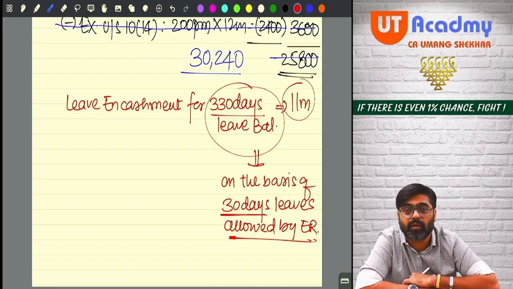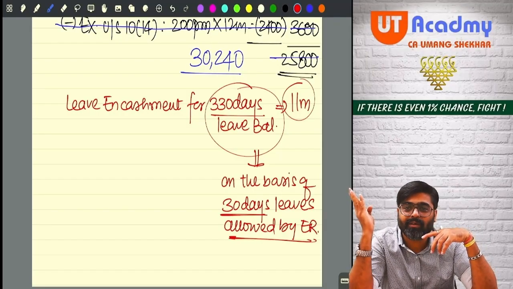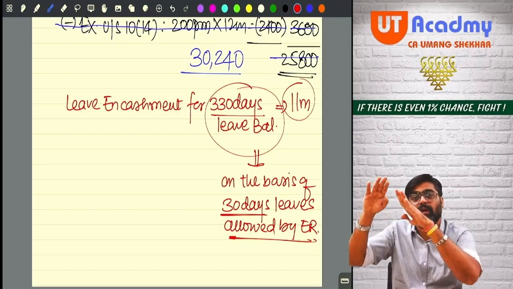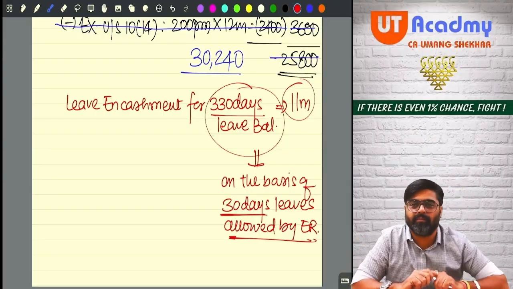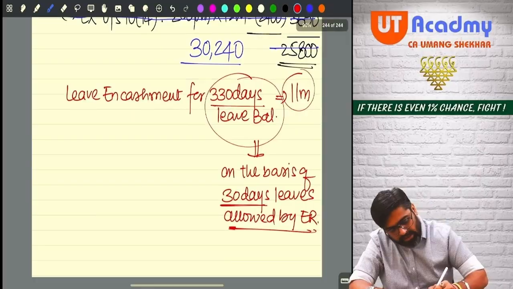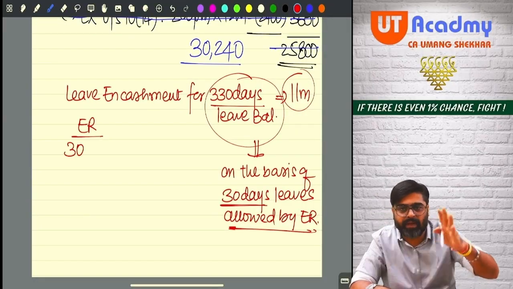How much is the maximum leave allowed as per income tax rules? That is also 30, no? So if as per income tax rules, we would have calculated leave credit, even that leave credit would have been 11 months only. Your employer is saying that take 30 days leave for every year.